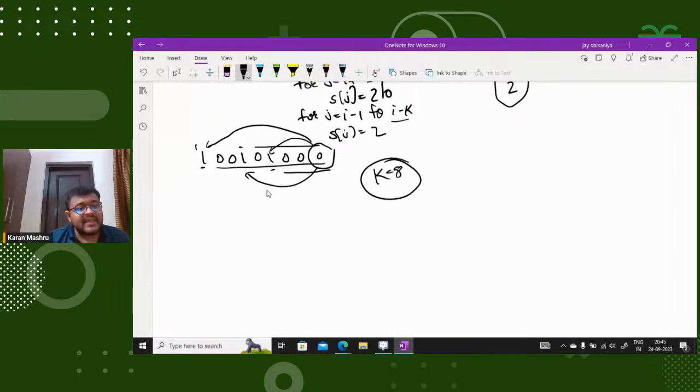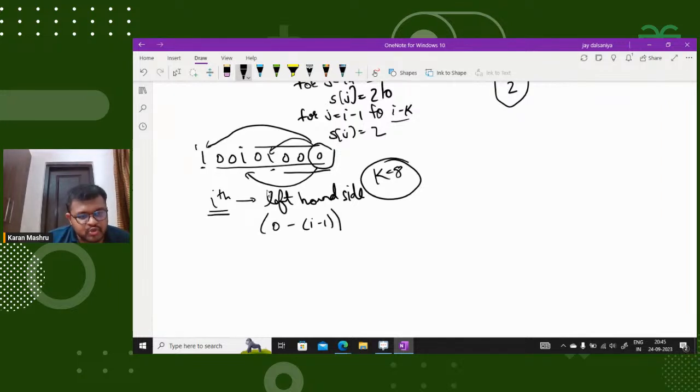But if I keep a mark for every index I, a mark of who on the left hand side of I, meaning who among the indexes from 0 to I minus 1 is closest to I on the left hand side and is infected. So for example, for this index, I only need to keep the mark of this index that this person is infected.